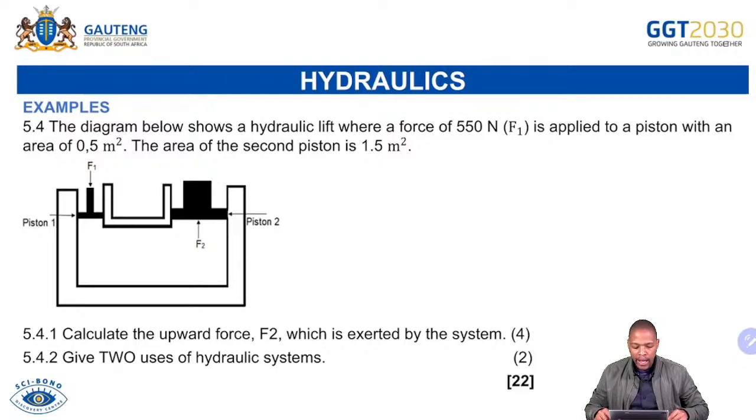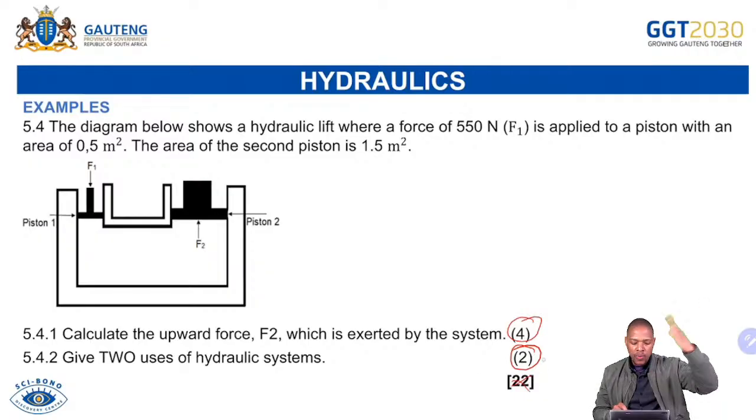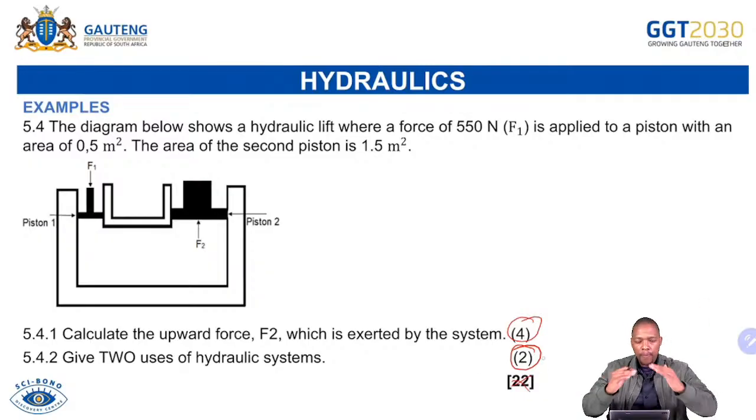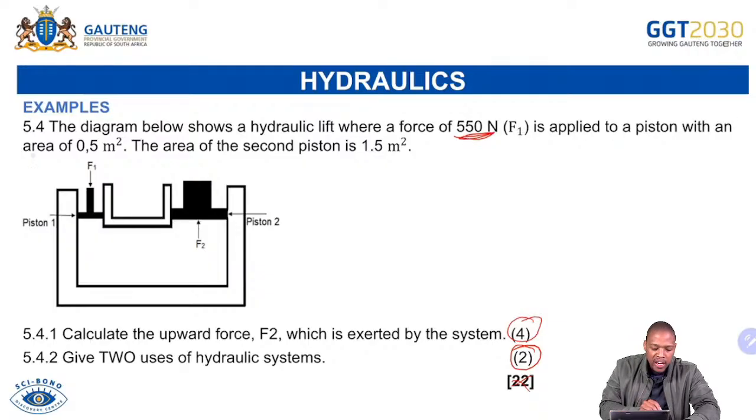So let's quickly get an example where we are going to do calculations related to hydraulics. The questions are going to be as simple as this. Look at the marks: 4 marks, 2 marks, 6. Don't mind the 22. It means there were other questions before these. So it says here, the diagram below shows a hydraulic lift where a force of 550 newtons, F1, is applied to a piston with an area of 0.5 square meters.